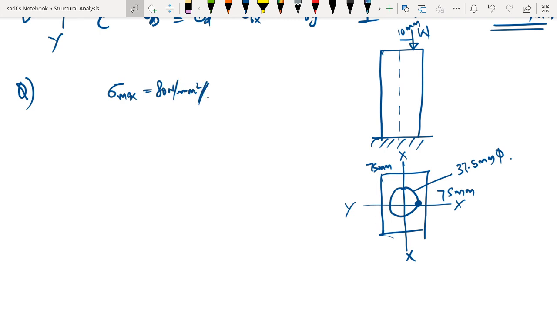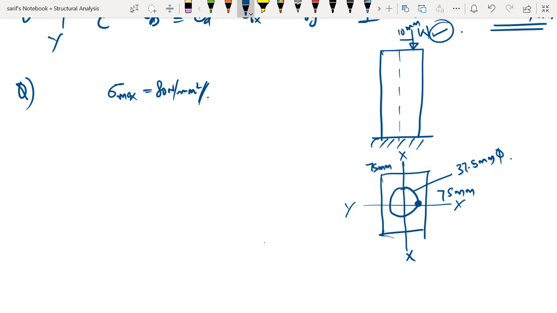So for a maximum compressive stress of 80 Newton per mm square, we need to calculate the maximum value of load that can be carried by this column. And as you know, the stress at any point is going to be a combination of the direct stress as well as the bending stress.